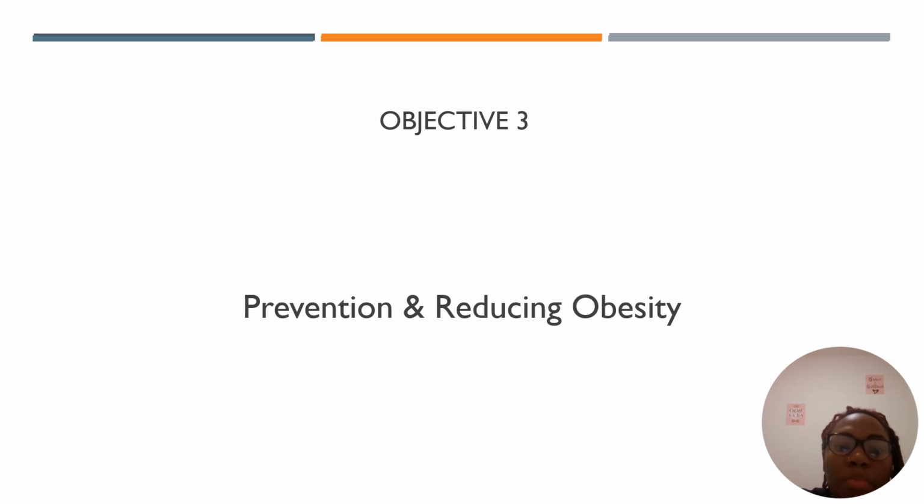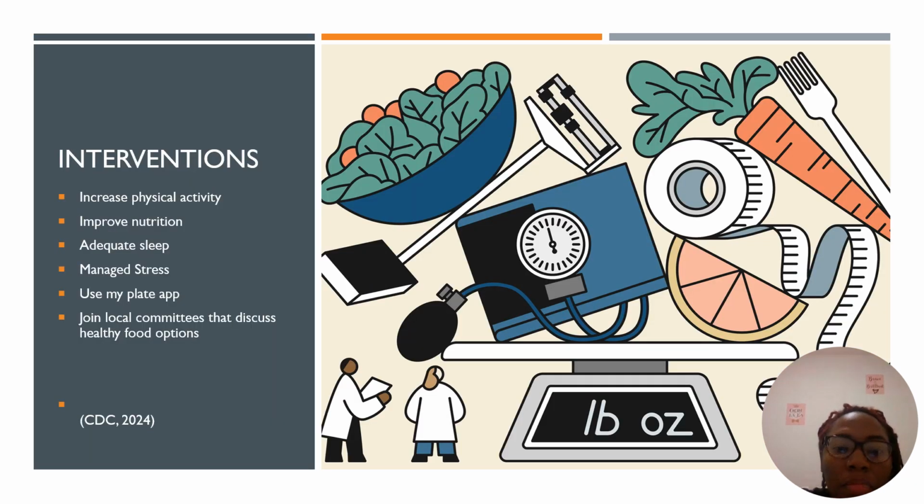Objective three, prevention and reducing obesity. Some interventions for reducing or preventing obesity are to increase your physical activity. This may include going to the gym, walking. Some people have treadmills, just any type of daily exercise. Improve nutrition.